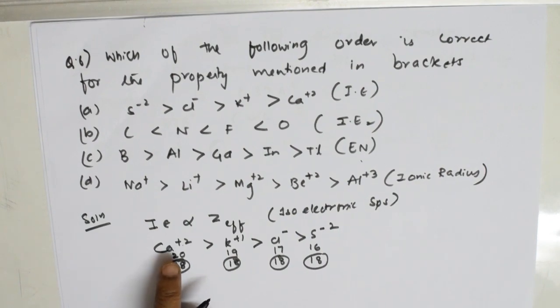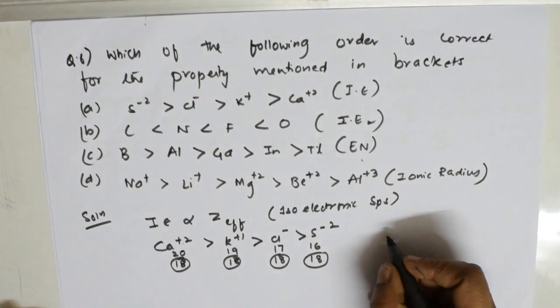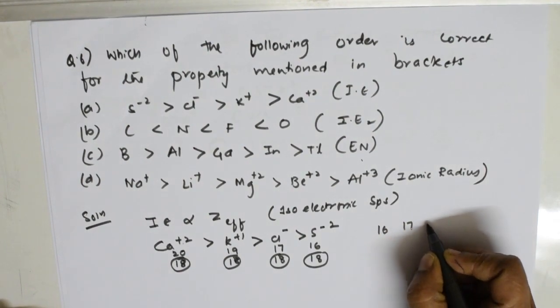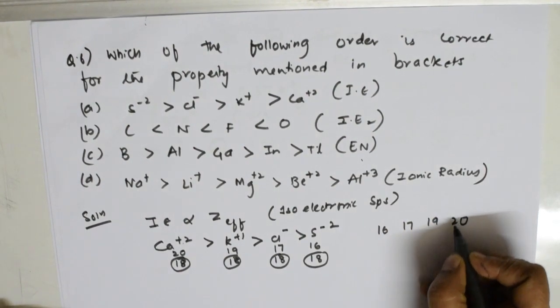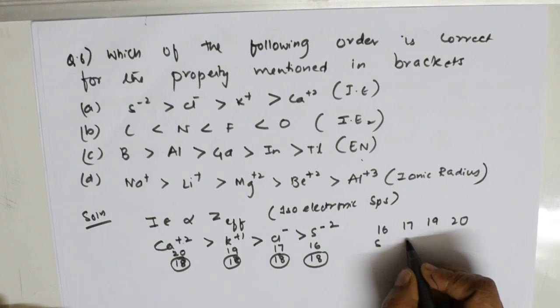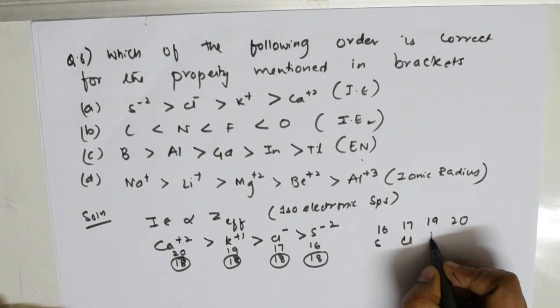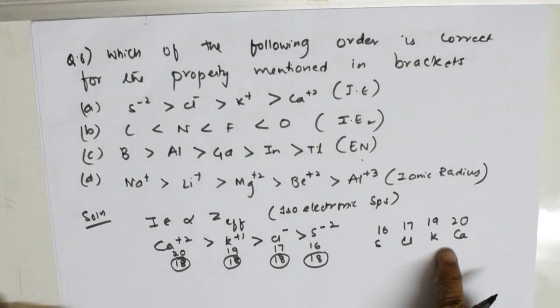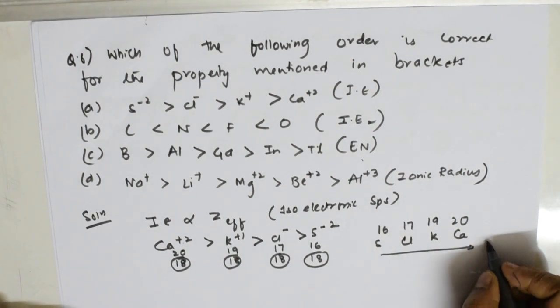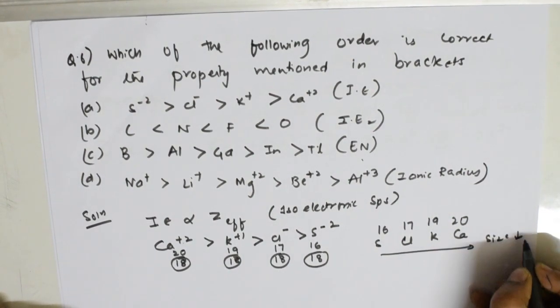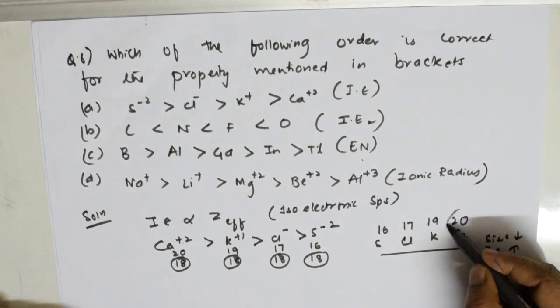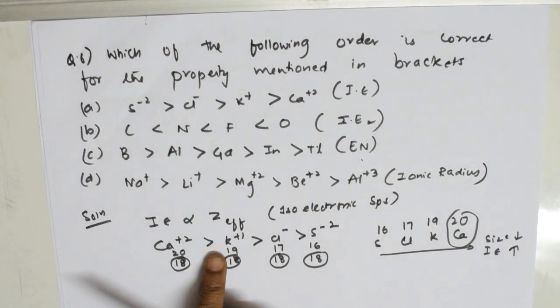So here, see here, this comes last, isn't it? It comes like this. Now 16 comes, 17 comes, 19 comes, 20 comes. So basically this is sulfur, this is your chlorine, this is potassium, this is calcium. So as I go like this, the size decreases. When the size decreases, ionization energy increases. Now which will have more ionization energy? Calcium. That's why this is the correct order.